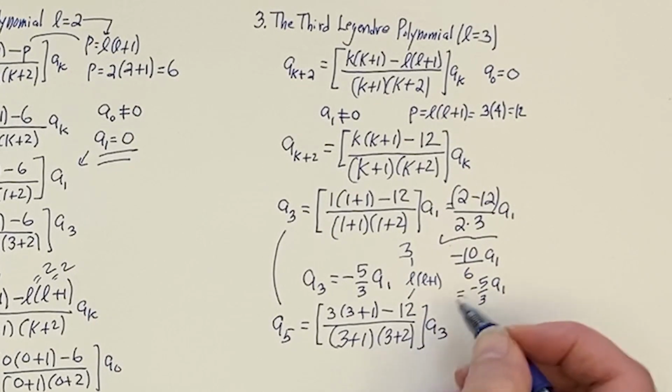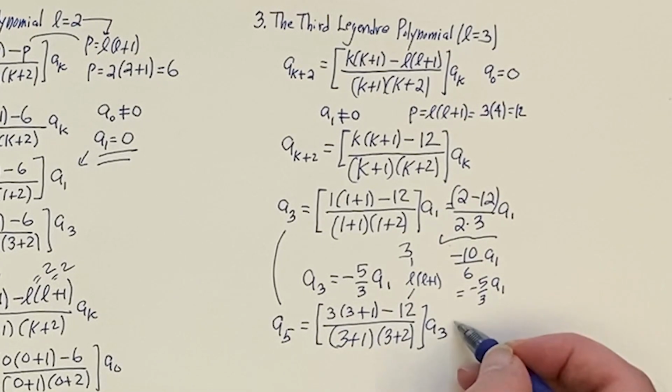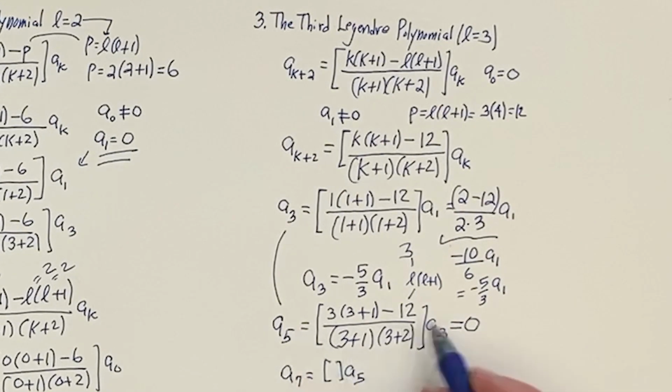And this is 3. This is going to get you 12 minus 12, and that's going to get you 0. And then all the odd ones beyond that will be 0, because if you go for A7, I don't care what this is. If A5 is 0, A7 is 0. All right, so we don't even care what's in there.